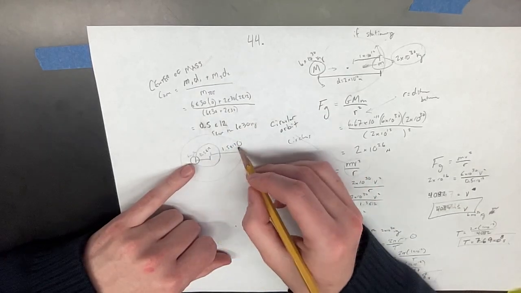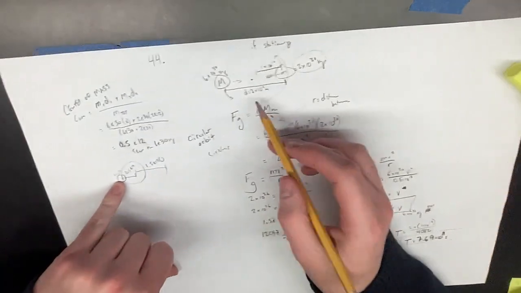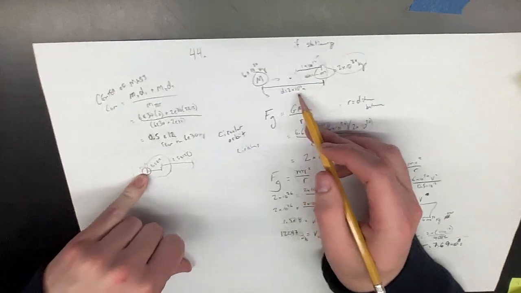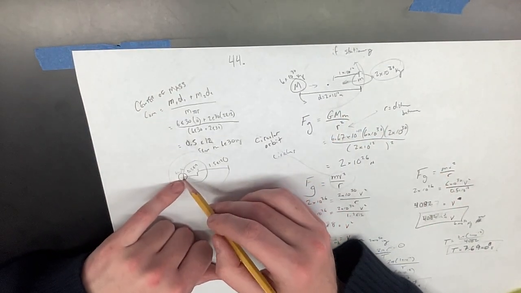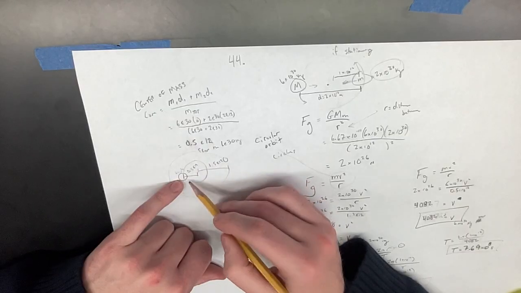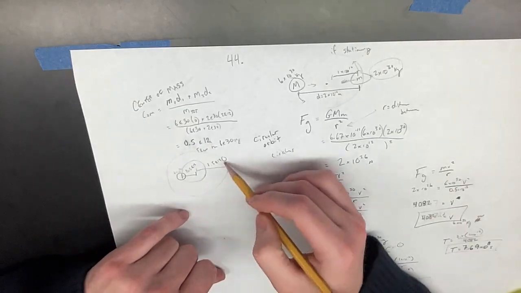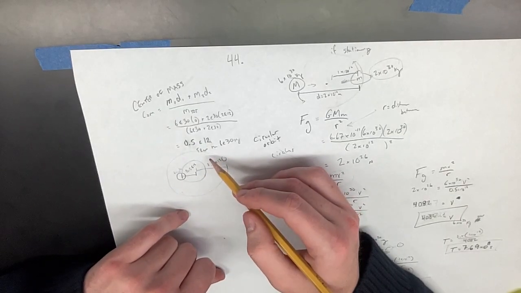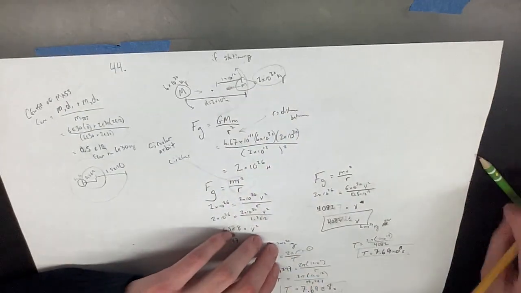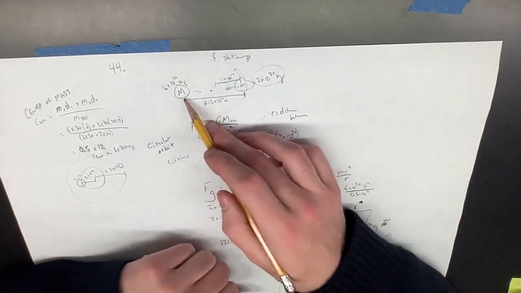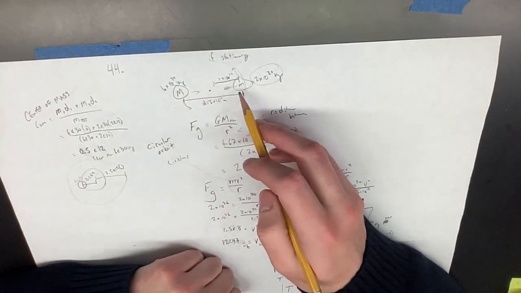The distance between the two of them will still be the 2.0 times 10 to the 12th described in the problem, but this one's sweeping out a small circle, and this one's sweeping out a much larger circle than this one.